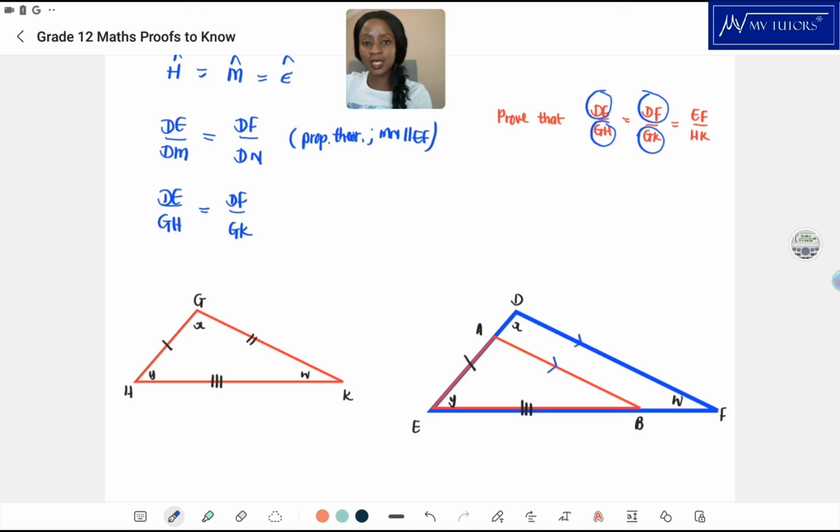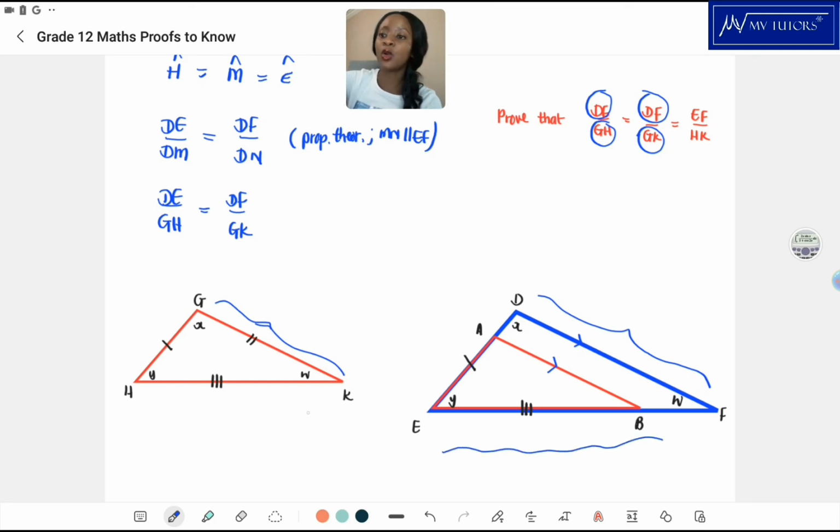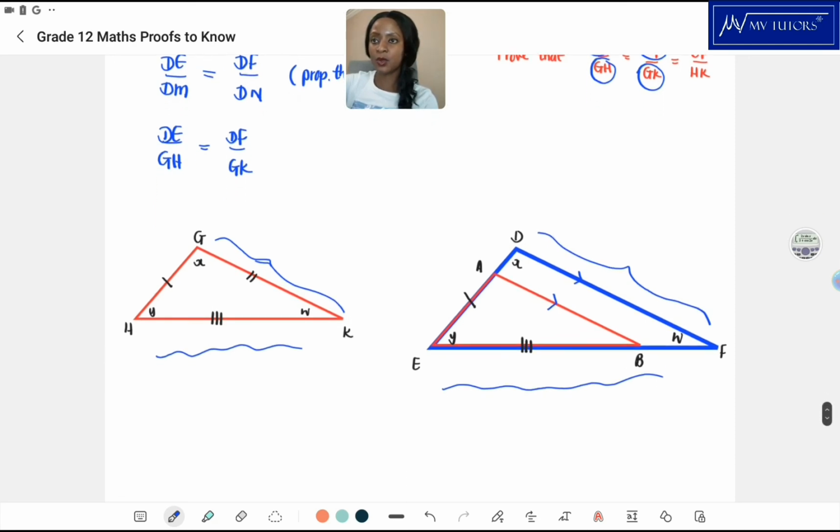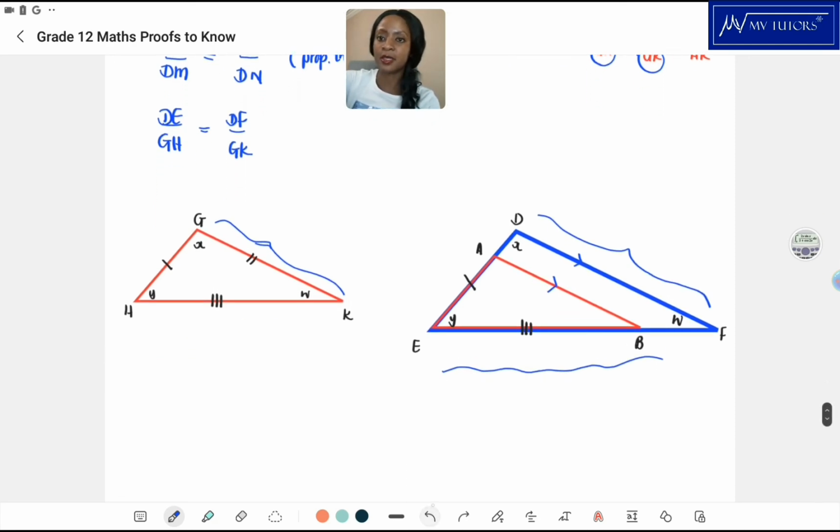We can use the proportionality theorem, and then we can prove that DF over GK is going to be equal to EF, which is this part at the bottom, over HK. So let us try to do that.